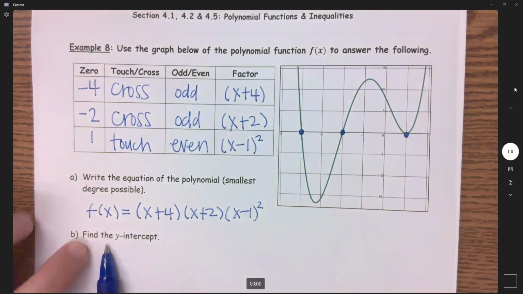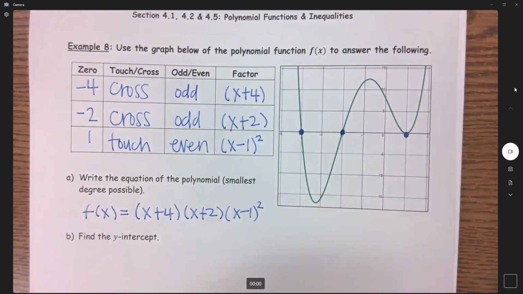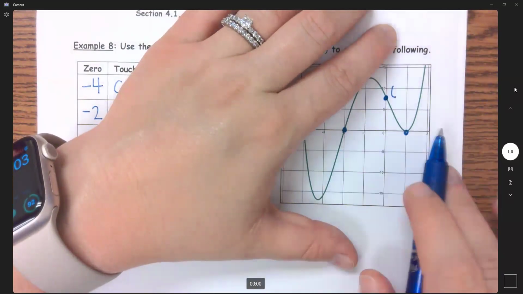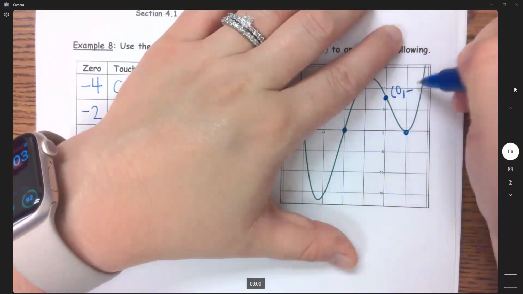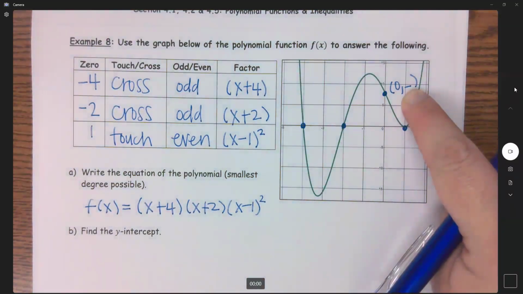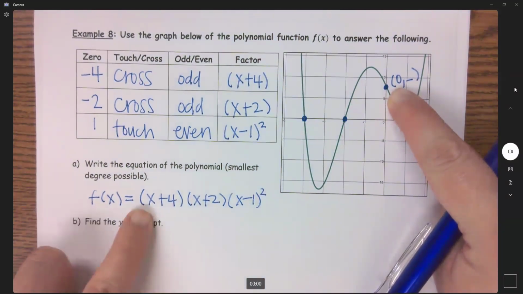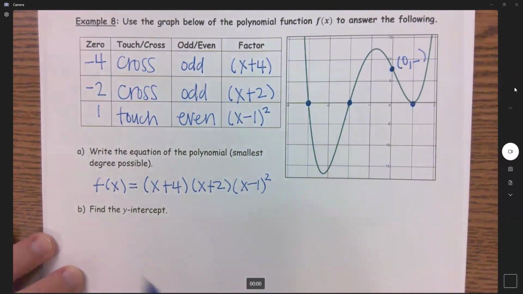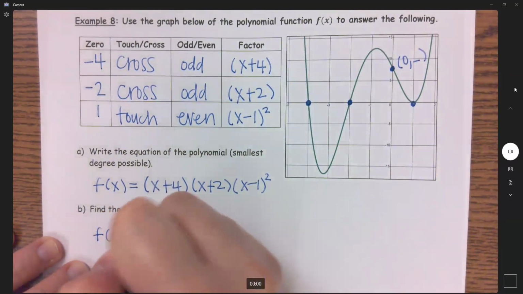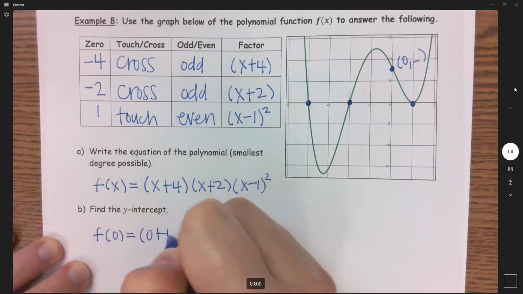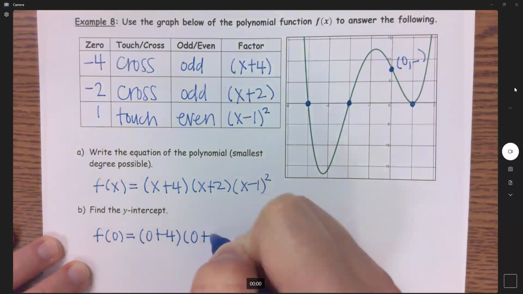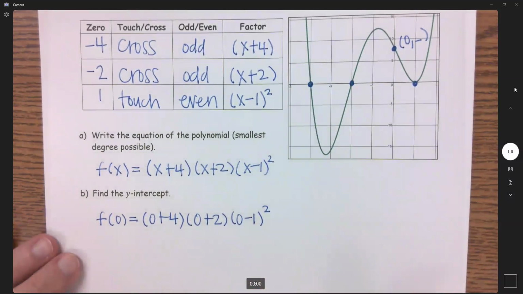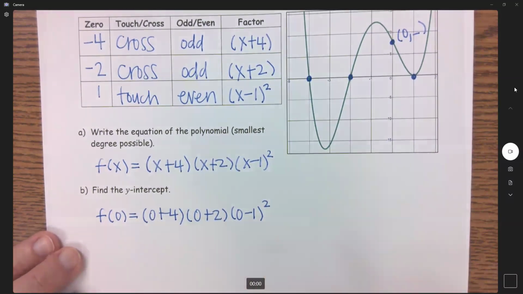So to find the y-intercept of this point right here, y-intercepts have an x of 0. So what I am looking for is the y right here. So if I know that my x should be 0, I'm going to substitute in a 0 for all 3 of these x's and then solve. So I have f of 0 equals (0 plus 4)(0 plus 2)(0 minus 1) squared. You could really put that in your calculator just like that.